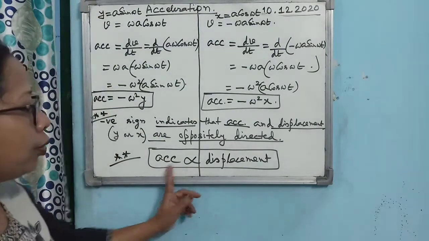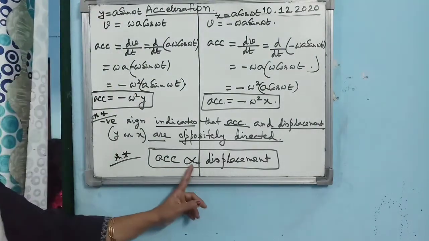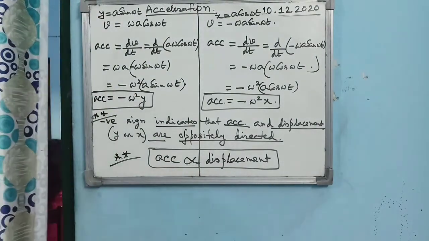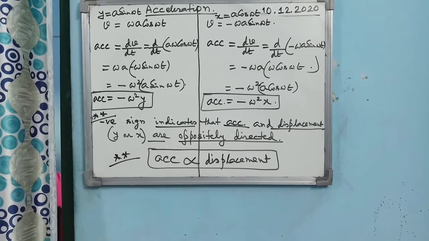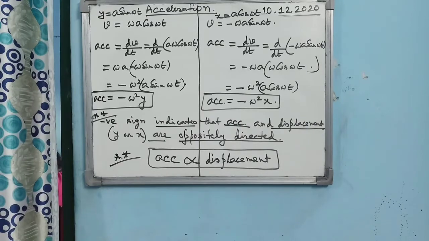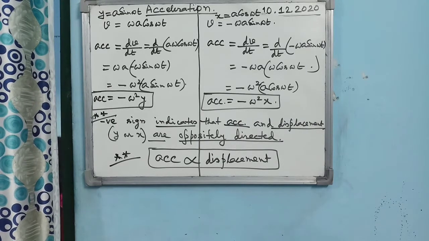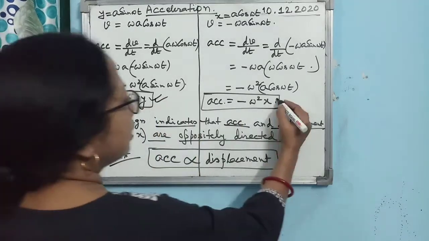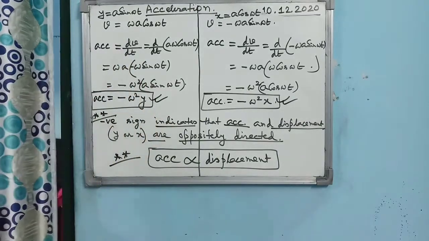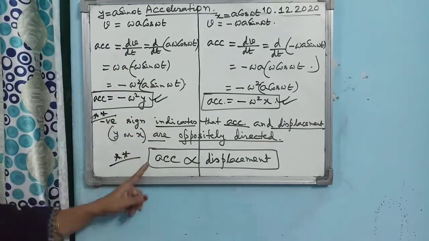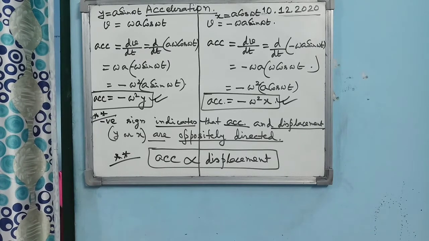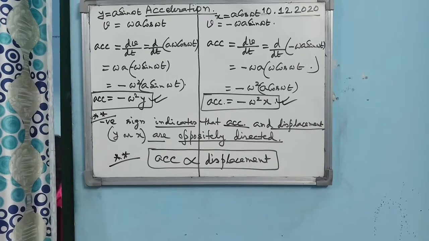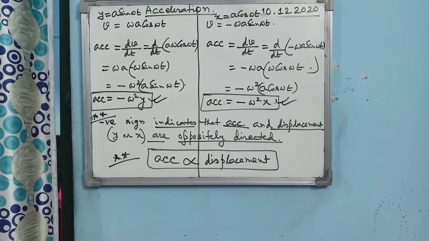So we have proved that acceleration is directly proportional to the displacement of the particle executing SHM. These are the two formulae you have to learn and remember for solving numericals, and these are the two concepts related with simple harmonic motion, representing its characteristics.